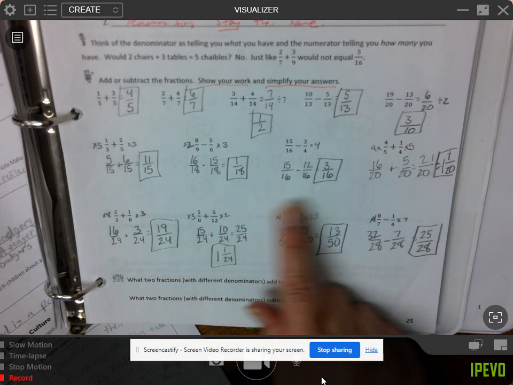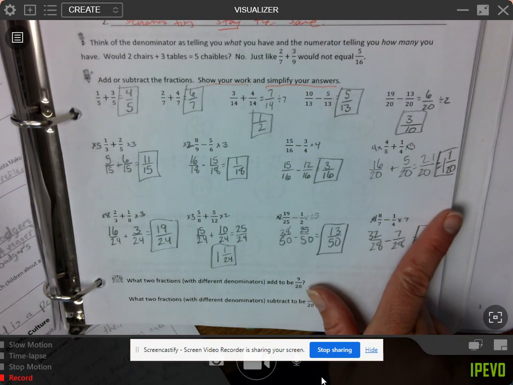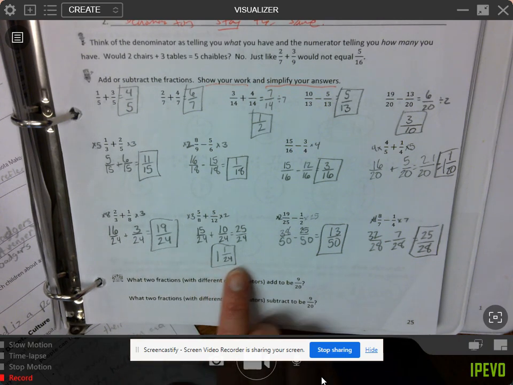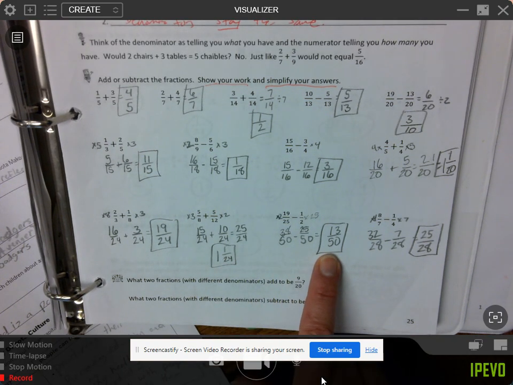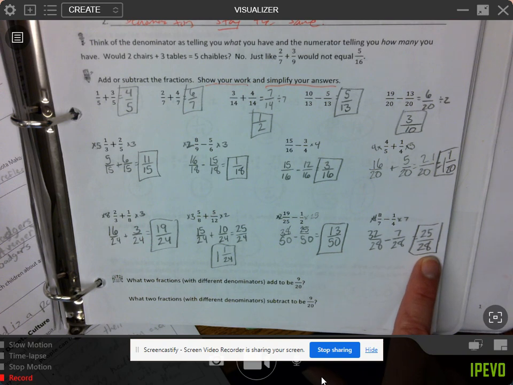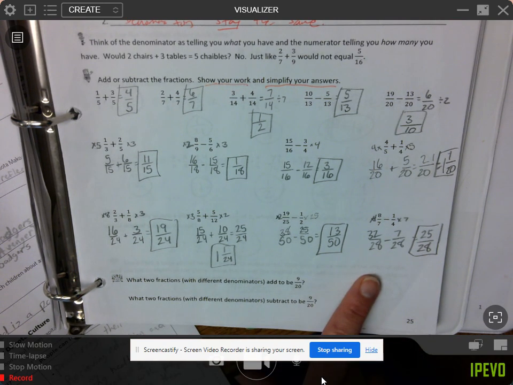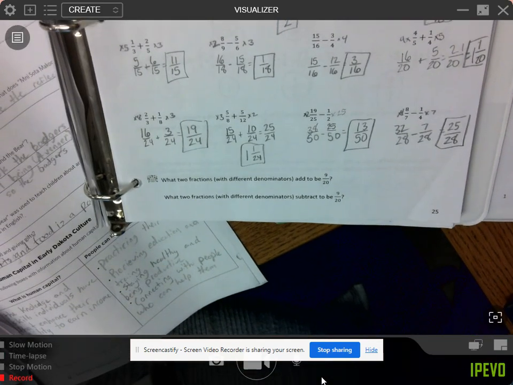Any questions on the middle row? Okay, bottom row, 19/20, 25/24, or 1 1/24, 13/50, and 25/28. Any questions on that row?